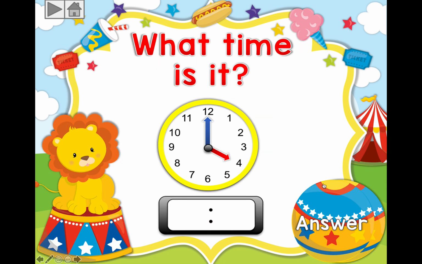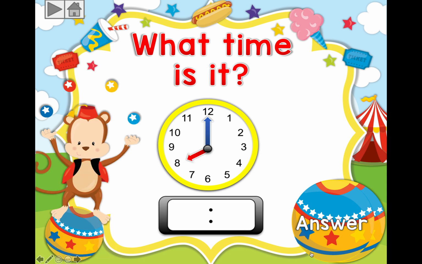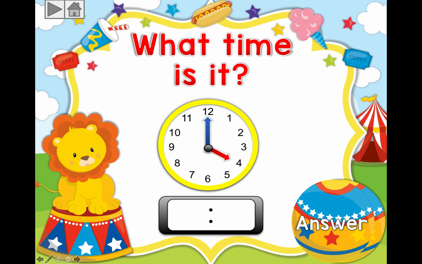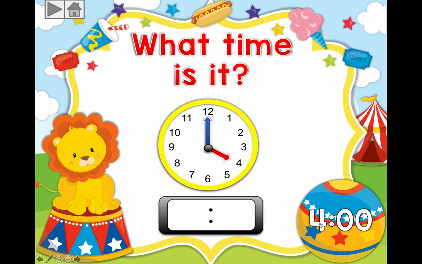Now let's look at the time here. What time is it? Yes, it is 4 o'clock. If you've guessed 4 o'clock, well done. And we can write 4 o'clock using a 4 and a 00 in digital time.